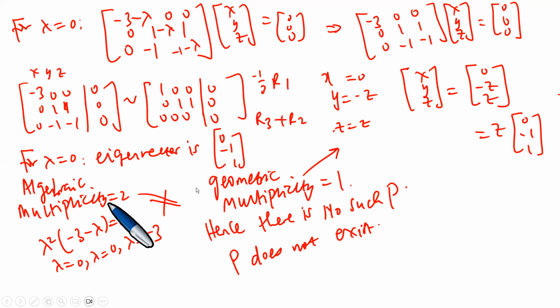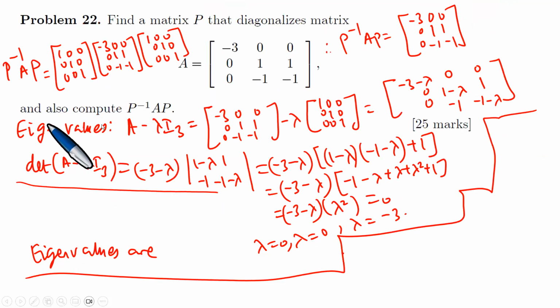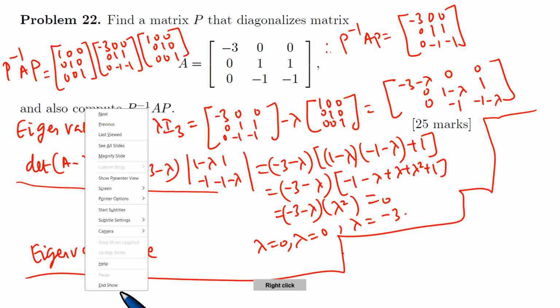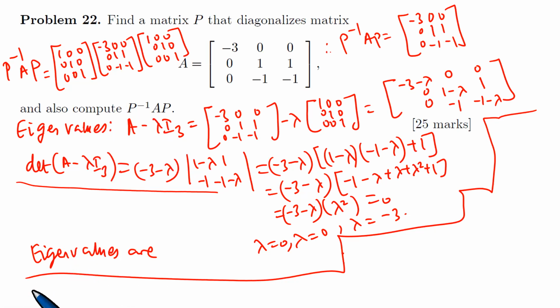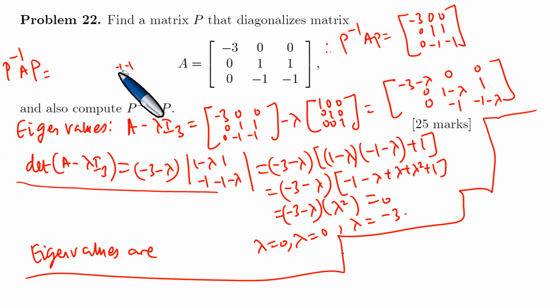Geometric multiplicity 1, algebraic multiplicity 2, there is no such P. P does not exist. So the answer here should be that P does not exist.